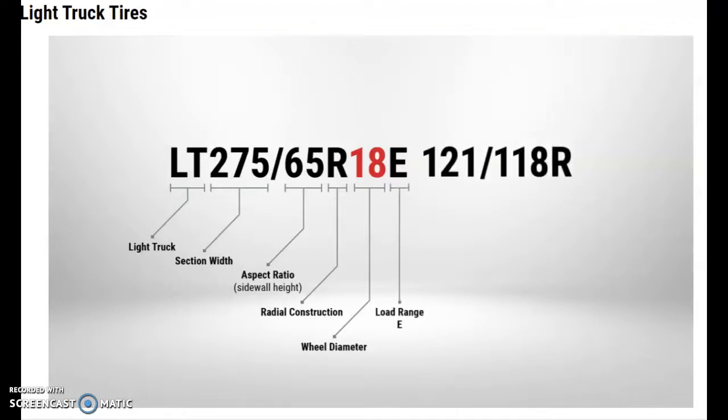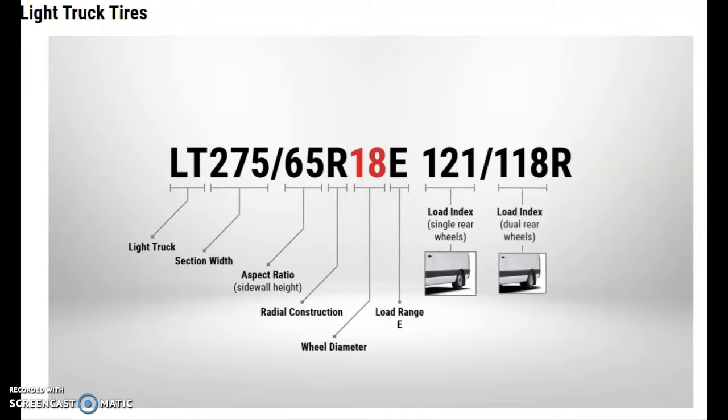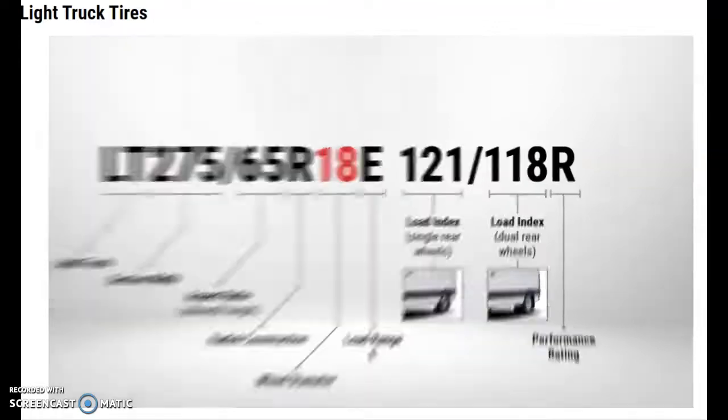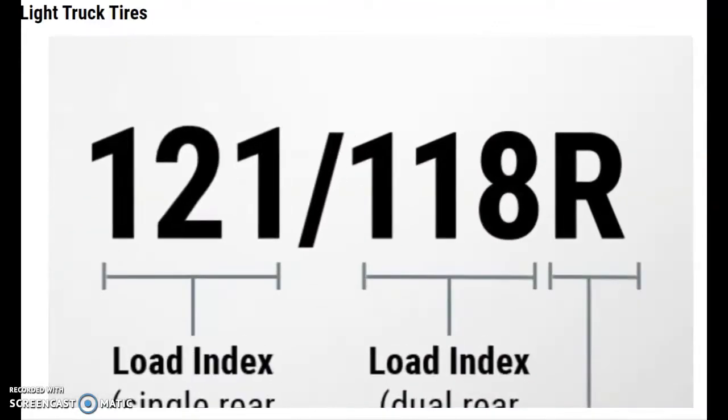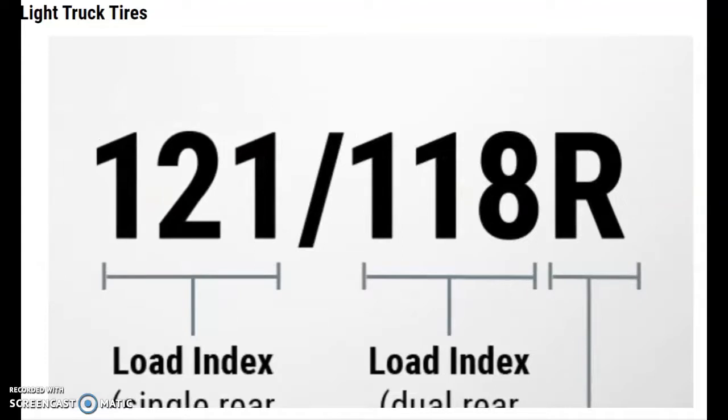After the tire size description, you will find two load index numbers and the performance rating. The first load number is for a truck with a single tire application, and the second number is if the truck comes with dual tires on the rear. In the case of a truck with a single tire application, go by the 121 load index number, and for dual tire applications, then go by the 118 load index number.